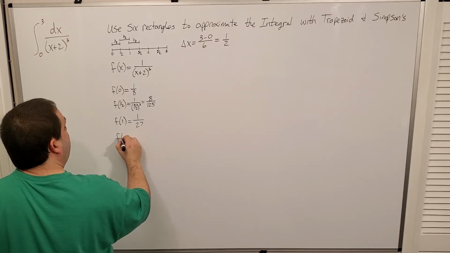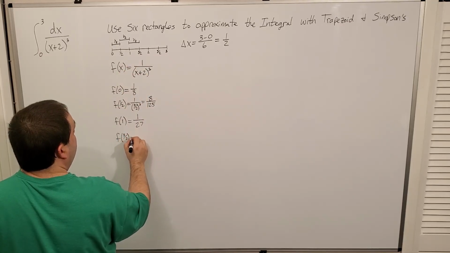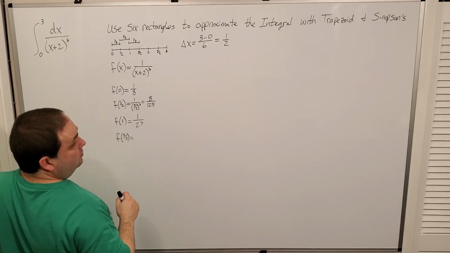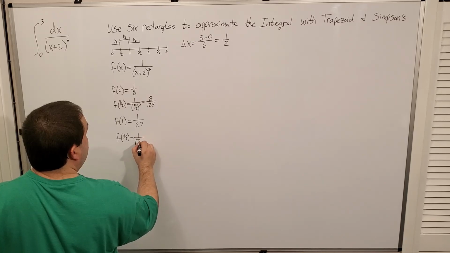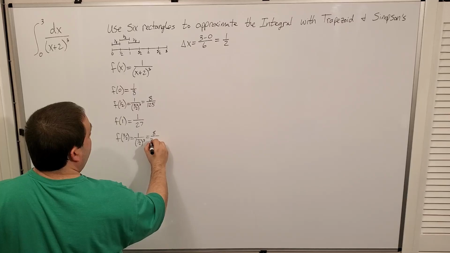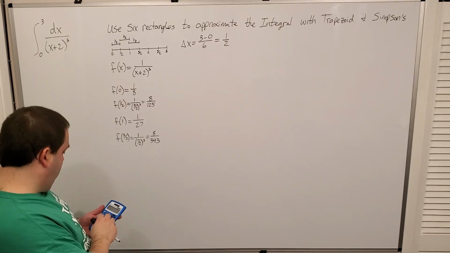Then I'll need f of 1.5, 3/2. So 3/2 plus 2 is 7/2. So that's 1 over 7/2 cubed, which is going to be 8 over 343. Let me double check and make sure I added that correctly.